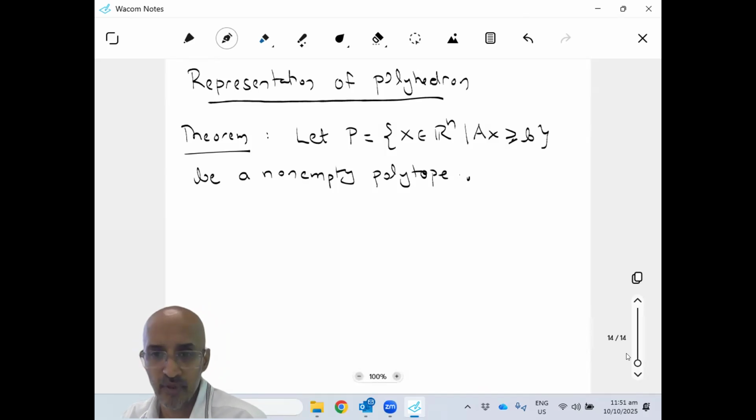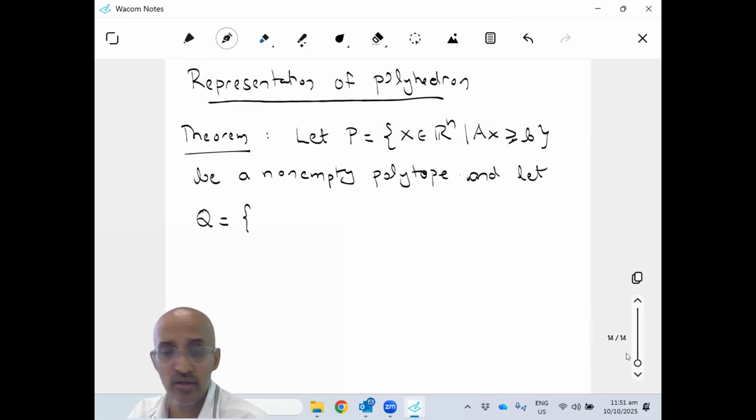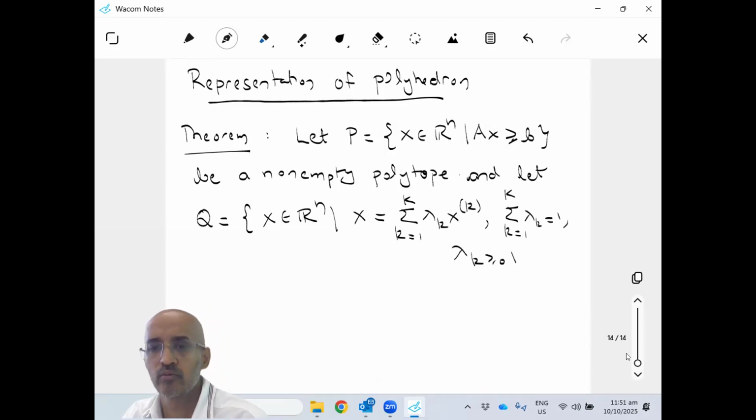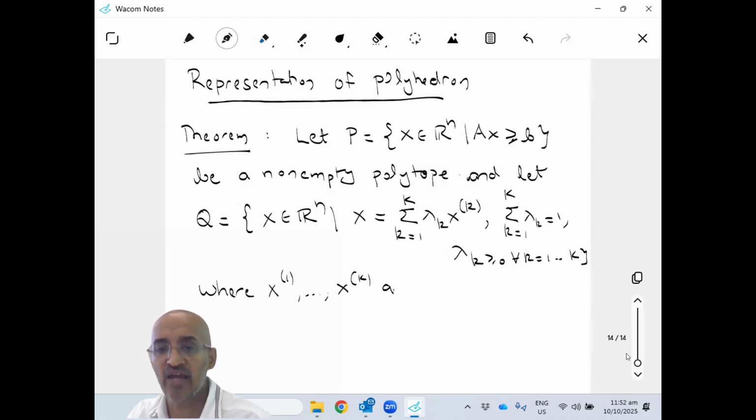Then let Q be a different set written in the following form, where x1 up to xk are extreme points of the set P. The theorem says P and Q are the same.